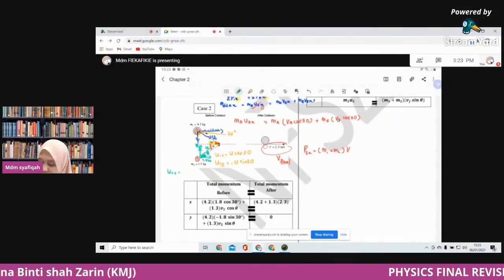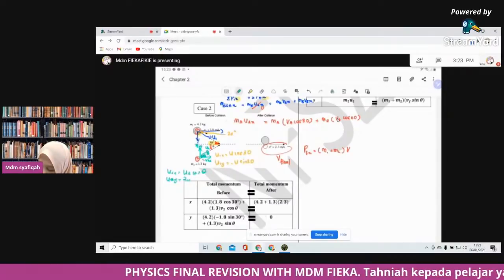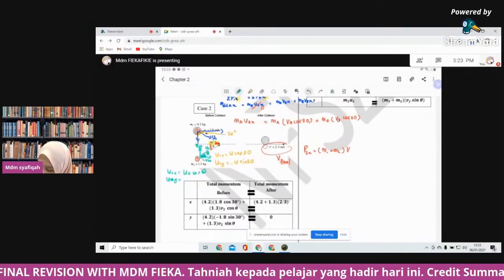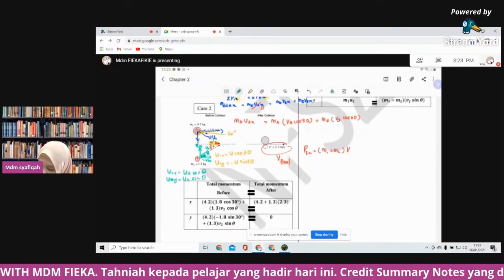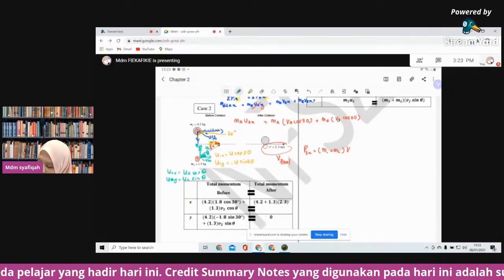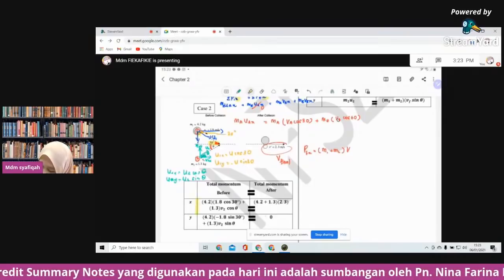So U2X is equal to U2 cos theta and U2Y is equal to U2 sin theta.